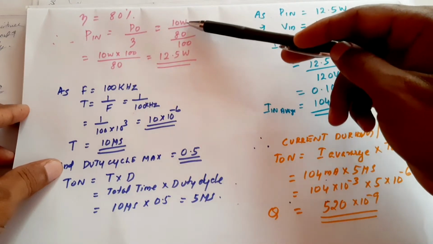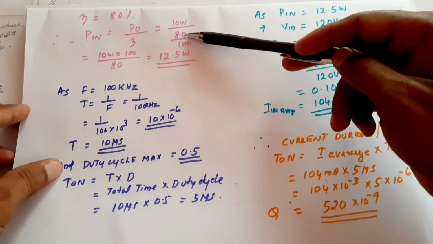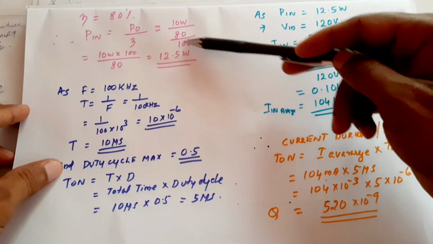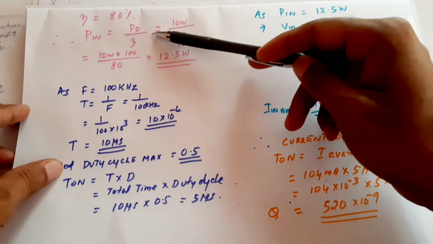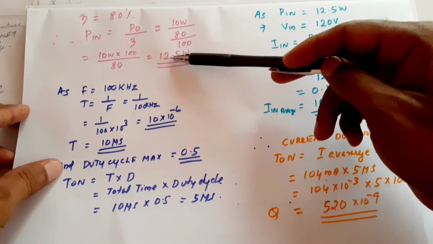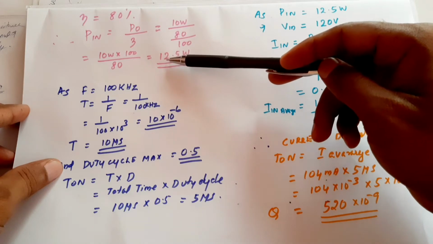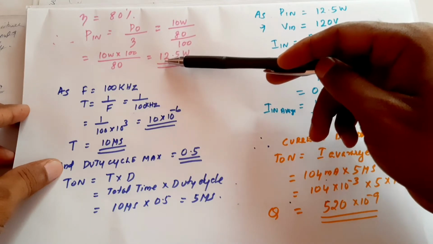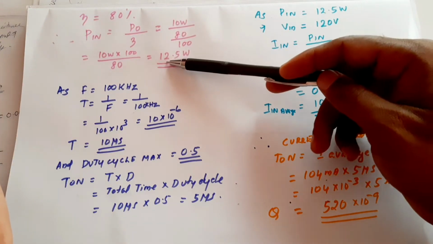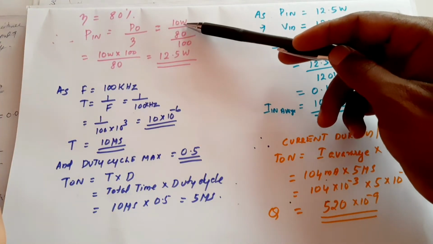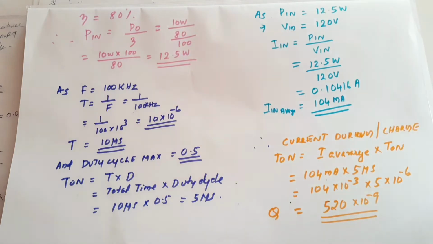That means 10 watt divided by 80 by 100, that means 80%. That will give 12.5 watts. In order to get 10 watt at the output, the input has to supply 12.5 watts, and after some power losses we will get 10 watts output power.